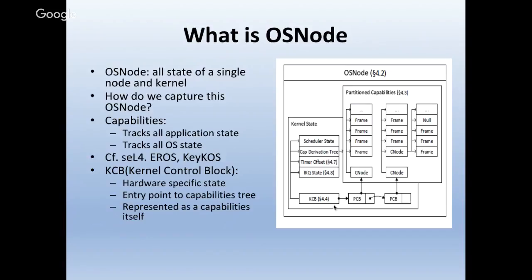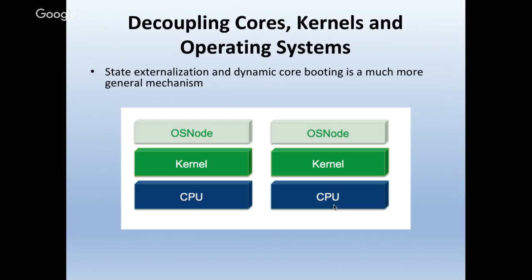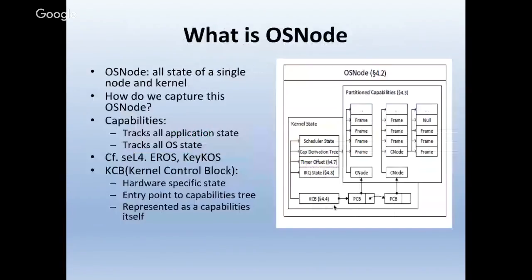So this captures all access information and memory allocations about applications. So all per-core state in the kernel can now be accessed through this structure or reconstructed from the capability trees.